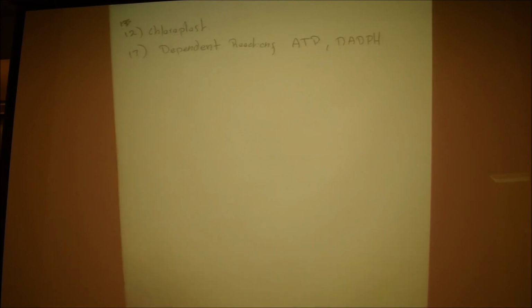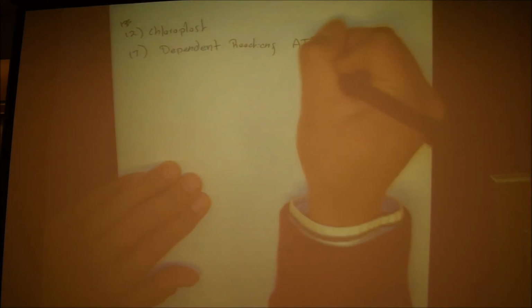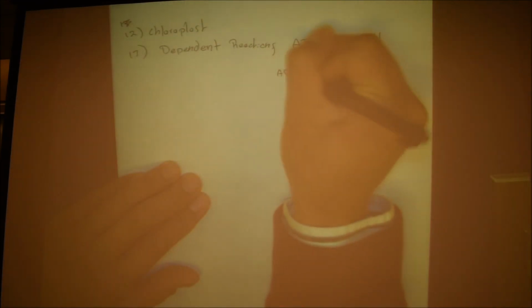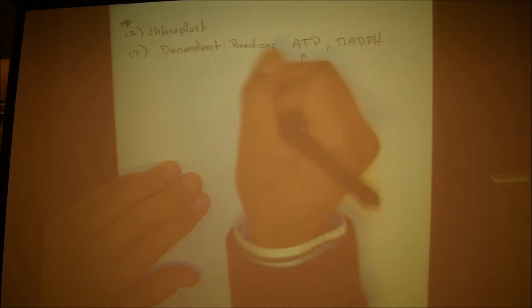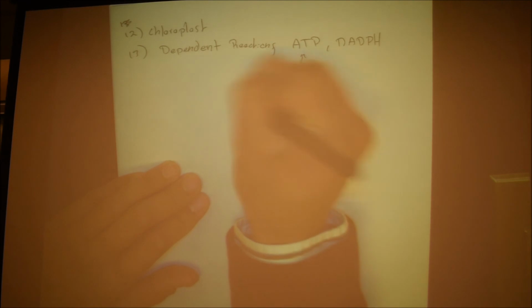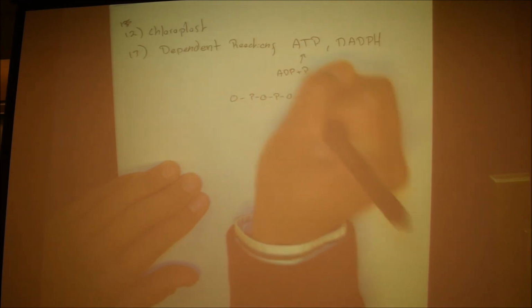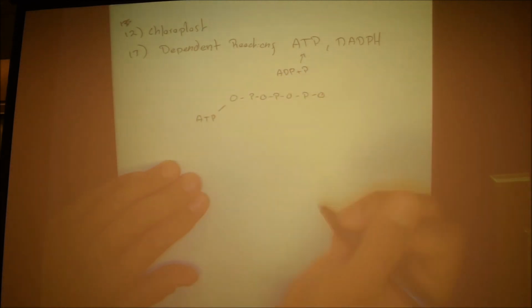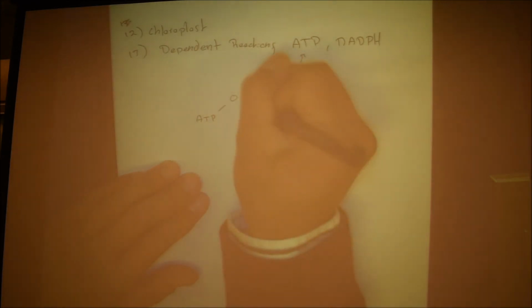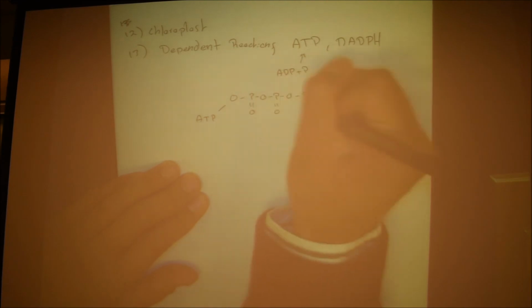So for ATP, you have to be able to add together the phosphate. Right here, you have 3 phosphates, and this is the rest of ATP over here.